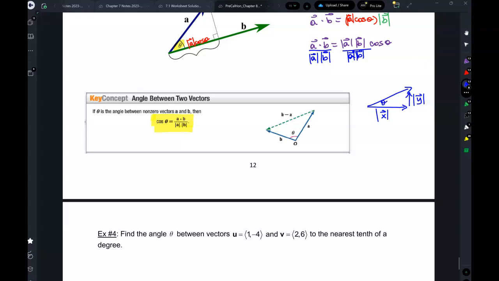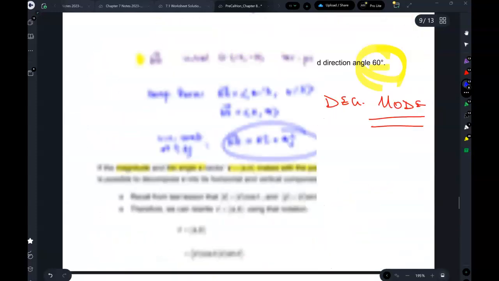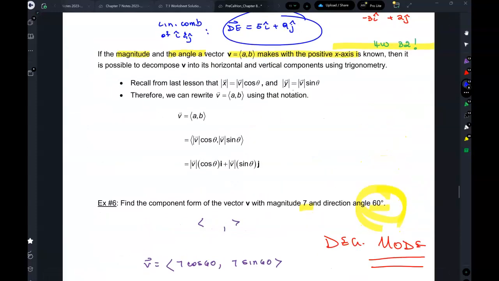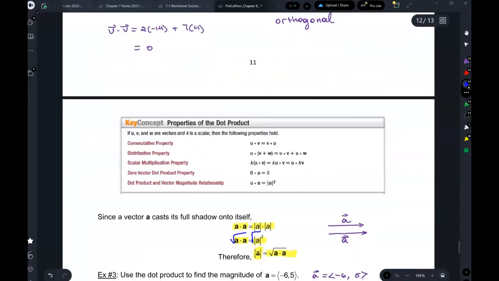If this is theta, how did we find them? It was the magnitude of this times cosine theta, back from the first lesson. It's the magnitude times cosine theta, magnitude times cosine theta. So that's what we're doing here.